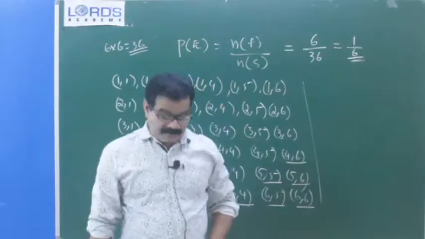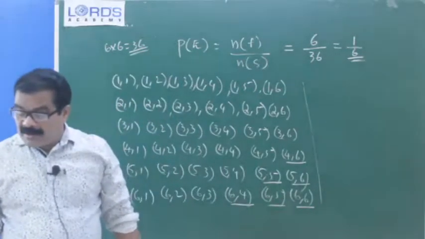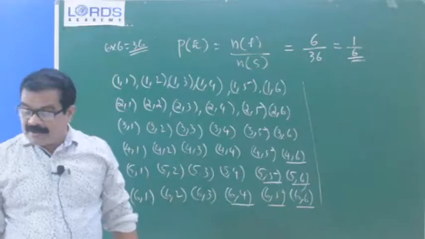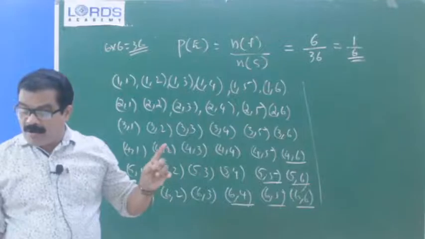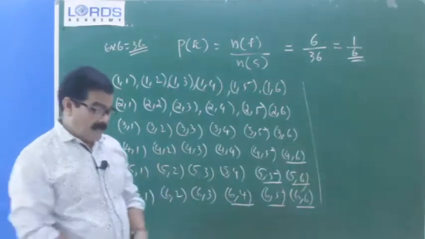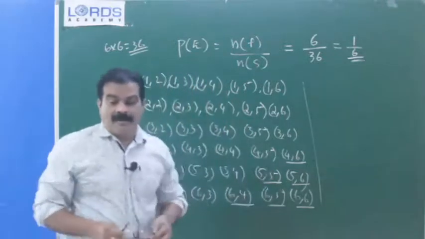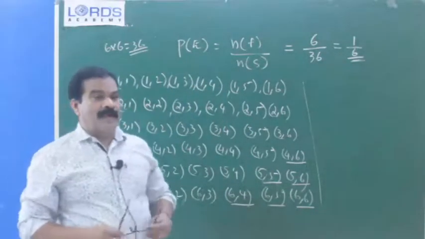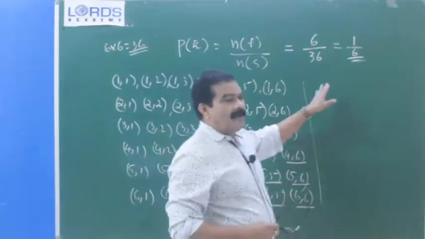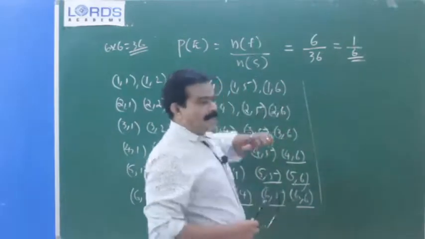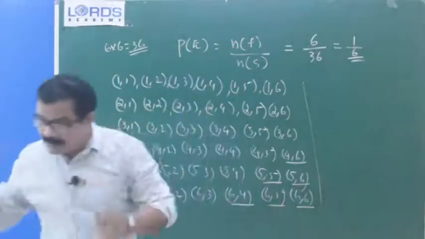The second subdivision is: what is the probability of getting a multiple of 2 on one side and an odd number on the other side? Only one side should be a multiple of 2, the other side should be an odd number.